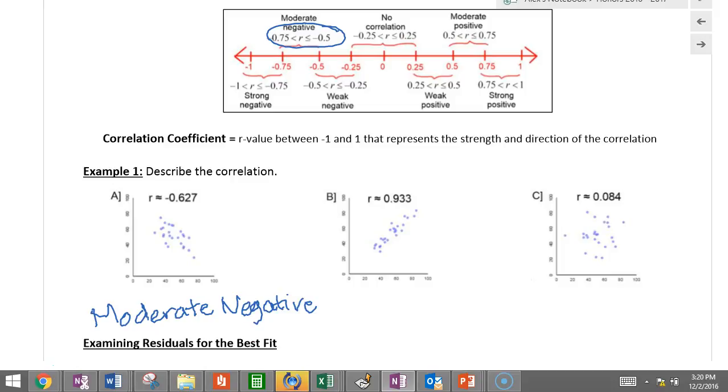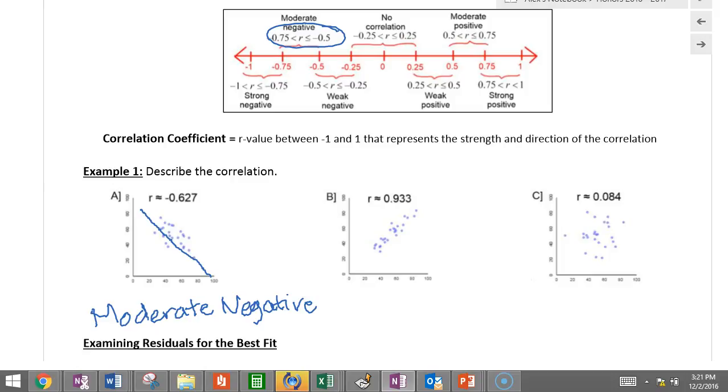Kind of see, if I draw a line, this line would pretty much represent how those points are correlated, and you can see those points are kind of scattered out from around there. They're not really close to it.